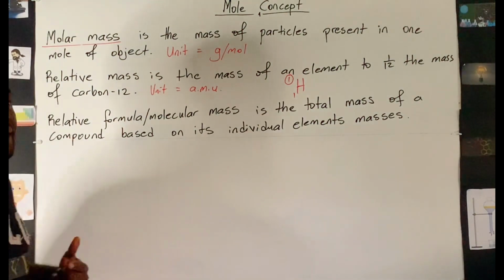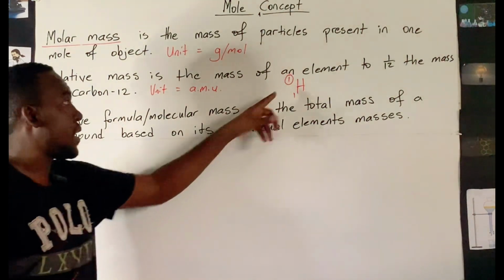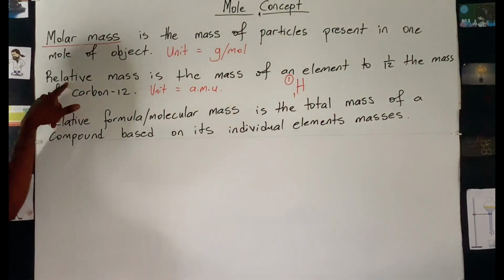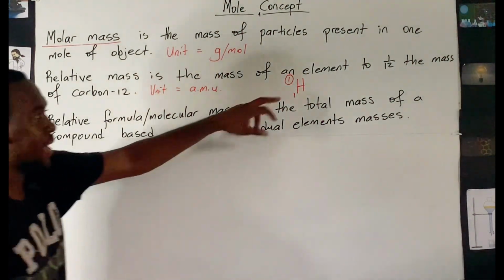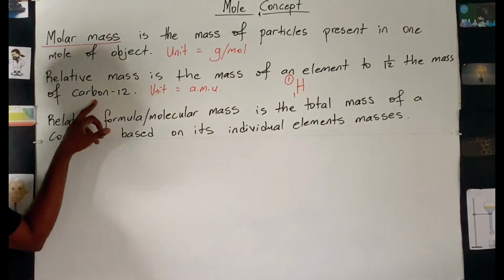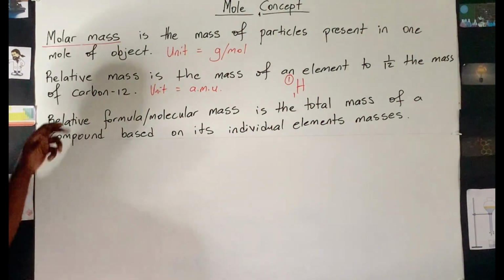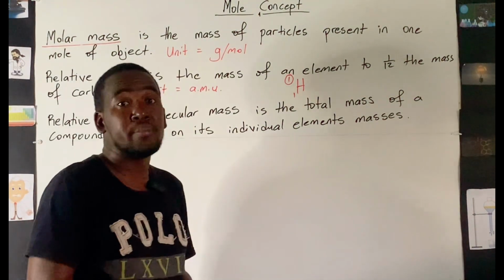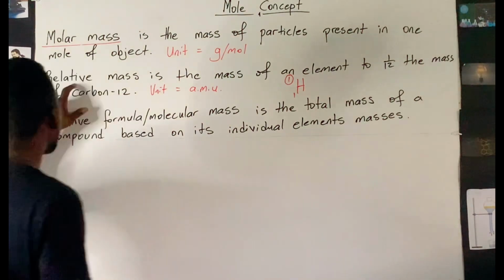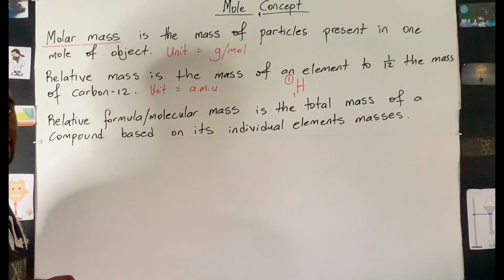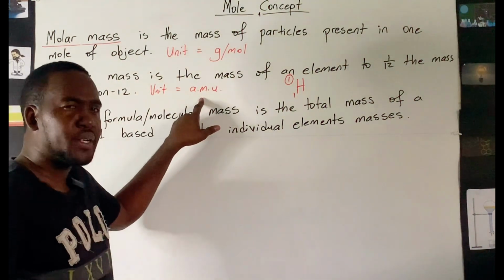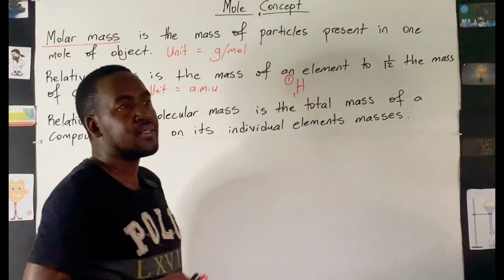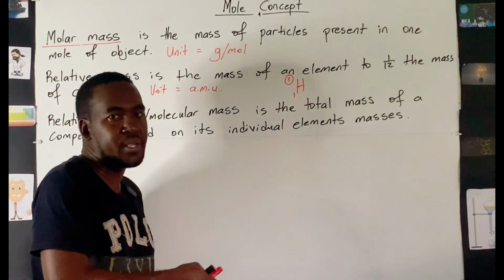And when we did that calculation, then we got a ratio of 1. And that's why it's called relative, because we're relatively comparing hydrogen to carbon-12. Right? So that's how all elements in the periodic table have a mass number. And that mass number is called the relative mass. And it's represented not in grams, but in a unit that is called AMU. And AMU is called atomic mass unit.